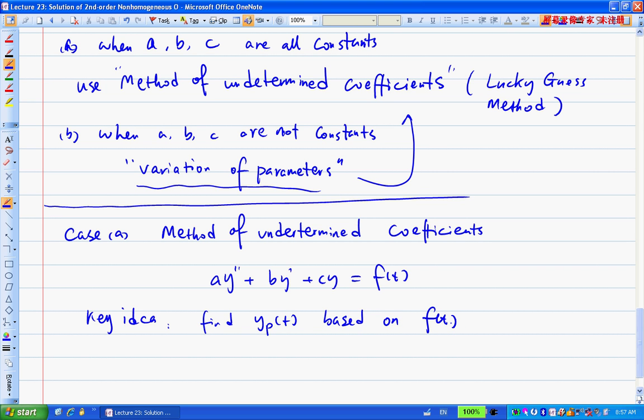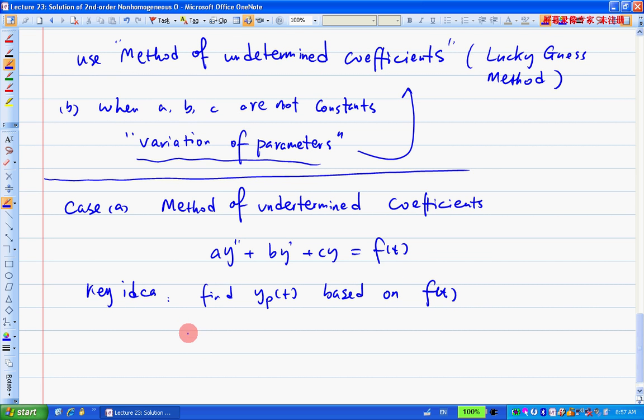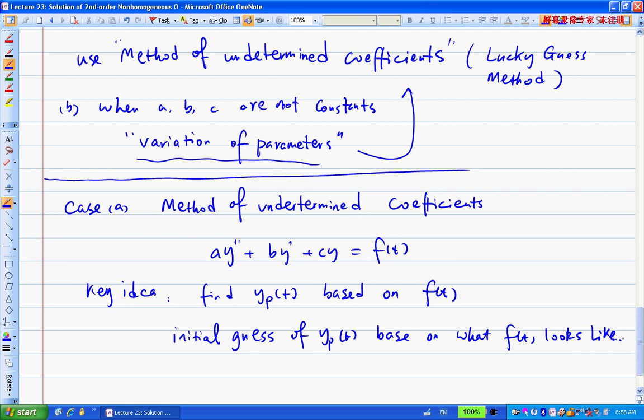In layman's terms, essentially we take an initial guess of YP based on what f of t looks like.